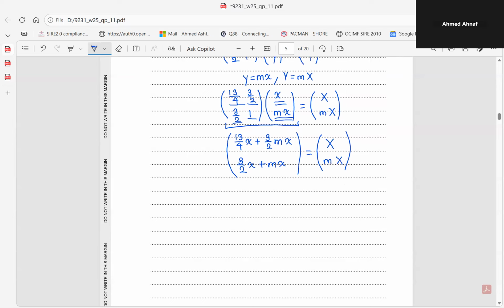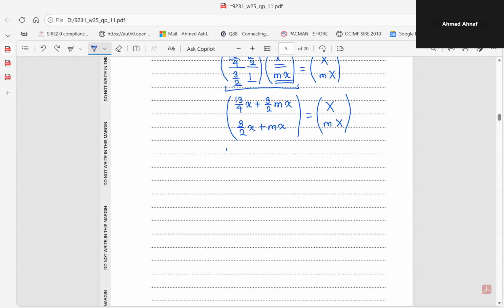Okay, so now we can make it into a fraction. So just put a fraction line over both of them. Three over 2 x plus mx goes to x over x.